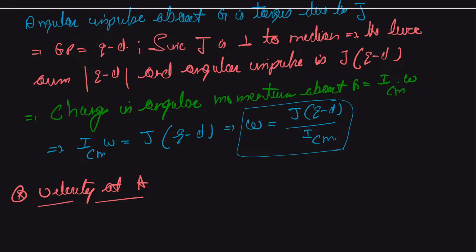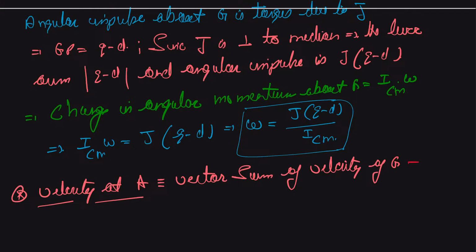So the velocity of A will be our vector sum of the velocity of g plus the rotational velocity relative to g.